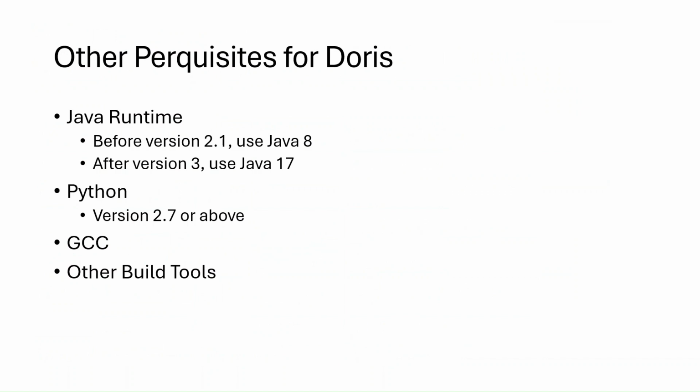In regards to that, you also need to install the GCC C++ tool for Doris. And we would also require any other build tools for zipping, unzipping, curl, git, ninja builds, and other tools that you require while installing Doris onto any environment.